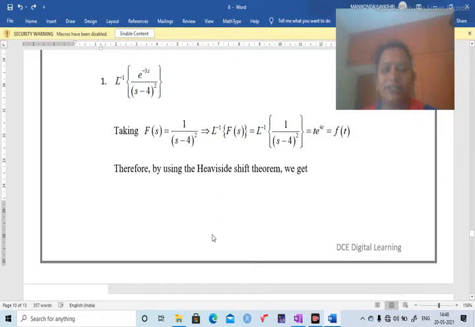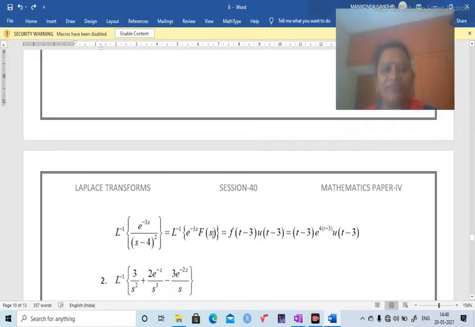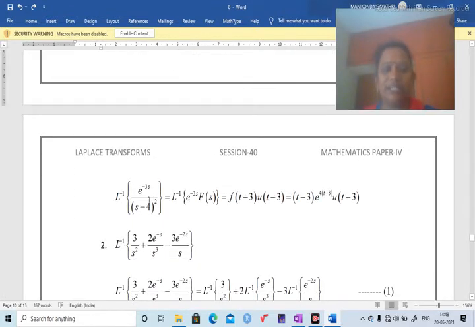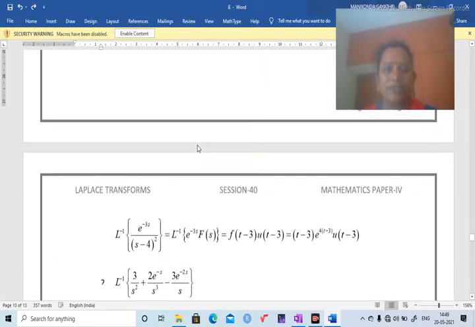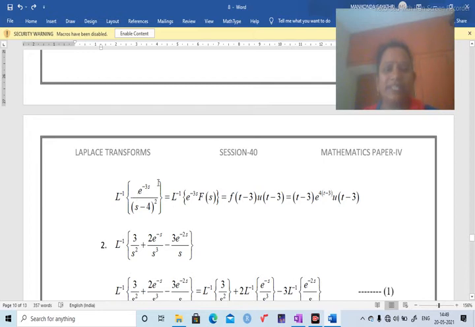Therefore, by using the Heaviside shift theorem, we get L inverse of e power minus 3s by s minus 4 whole square. Here we did not take e power minus 3s, I only took 1 by s minus 4 whole square. So now I am taking e power minus 3s, that is L inverse of e power minus 3s into f of s.